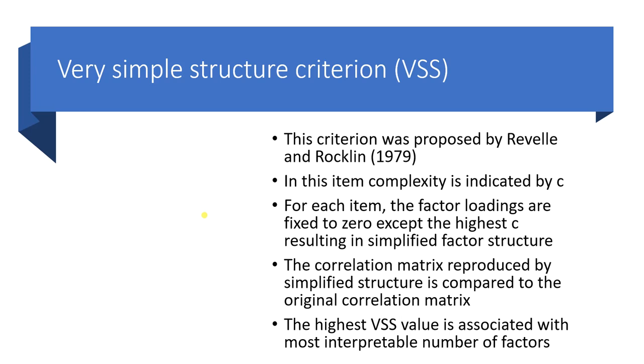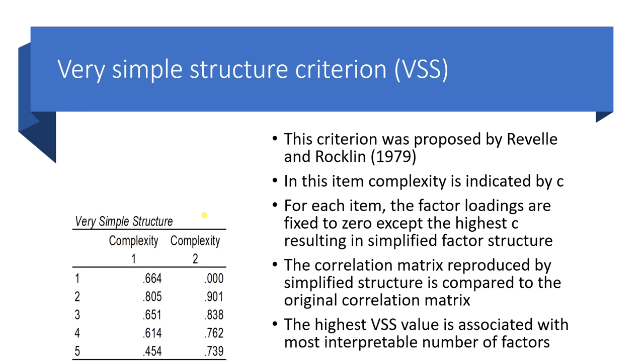And the VSS, the very simple structure criterion value is calculated, and the highest VSS value is generally considered to be associated with the most interpretable number of factors. So according to this method, we will retain those number of factors which are associated with the highest VSS.